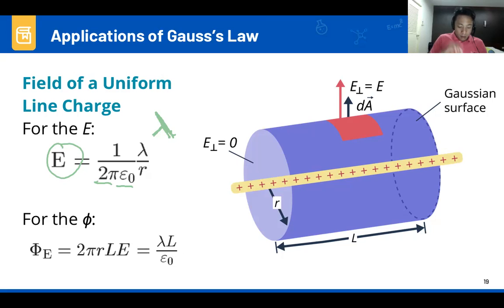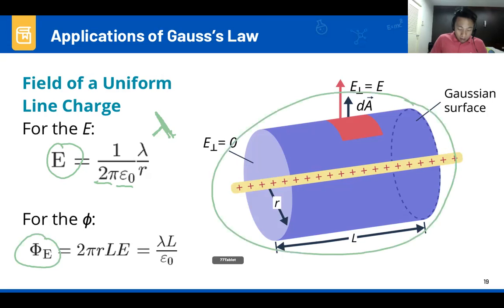And if you are finding the electric flux itself, using this Gaussian imaginary cylinder, you can use this linear density multiplied by L, which is the length, or how long. Kung gaano mo gusto, even 2 meters lang, you can calculate the electric flux. Okay? Over the constant. Okay?